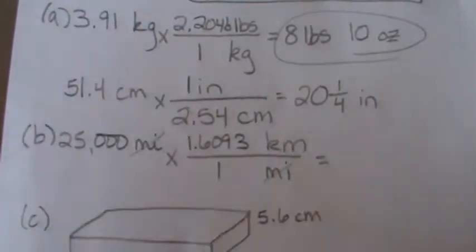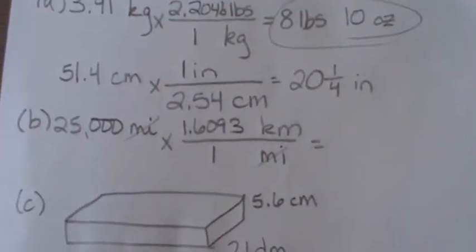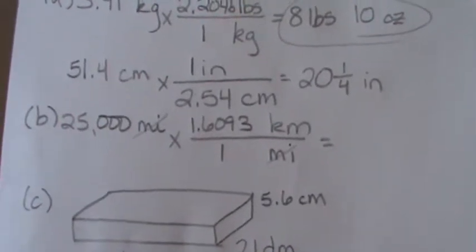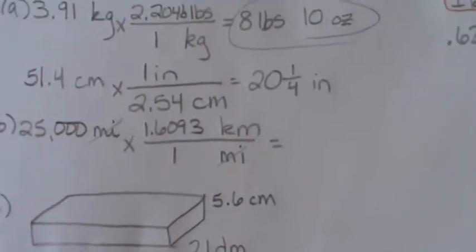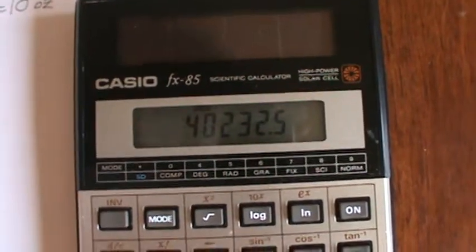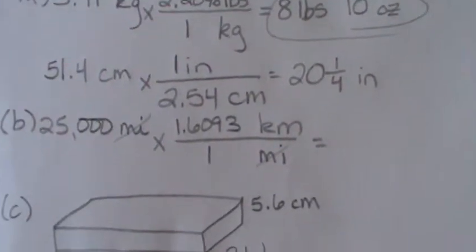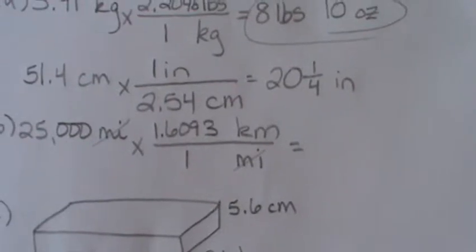We'll go ahead and punch this in, 25,000 times 1.6093, and on the calculator we get 40,232.5. But if we look at this, we can only have 2 significant figures.